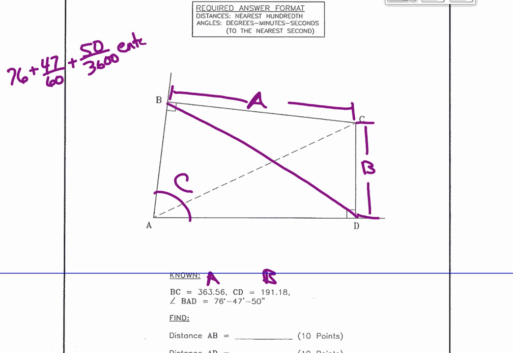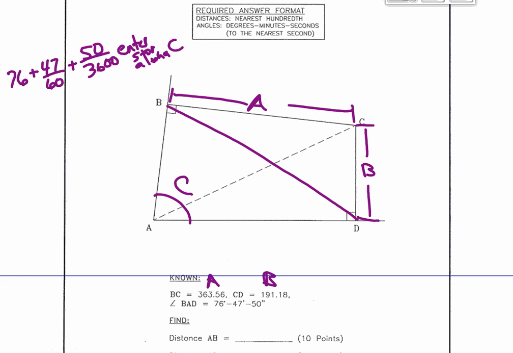Enter, and then store as alpha C. And so I'll have those 3 in there right away. And so then I'm just going to start finding things. I'm not that concerned about what answers I'm being asked for because I know there are only certain things that I can kind of figure out.